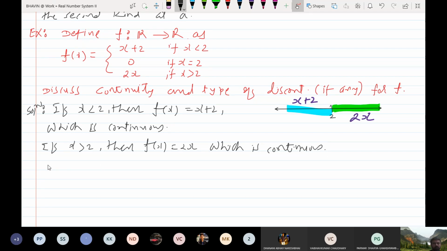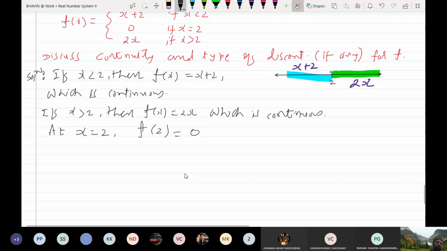Therefore, we should only check continuity at x equal to 2. So now what is the value of f at 2? f of 2 is nothing but 0.